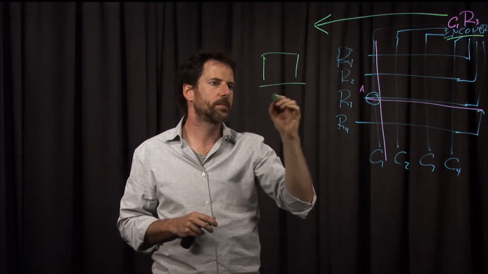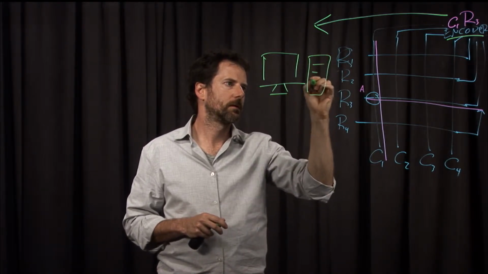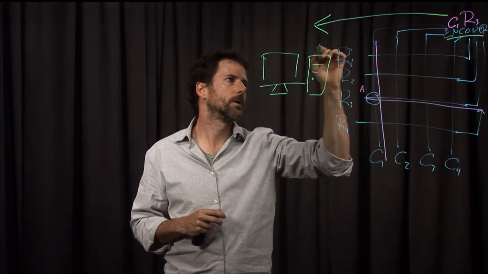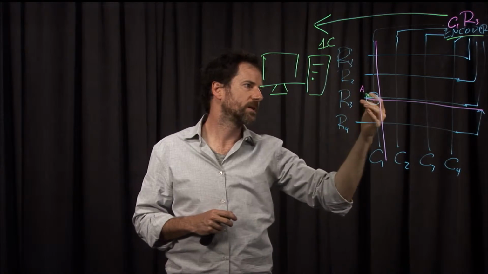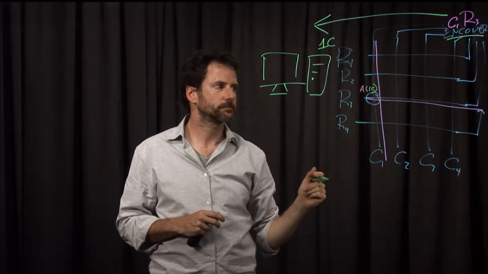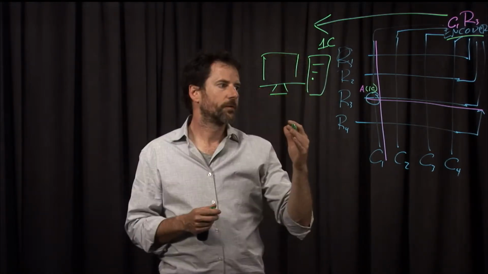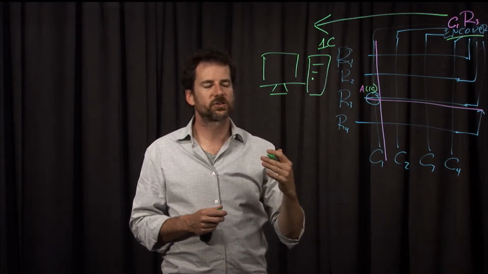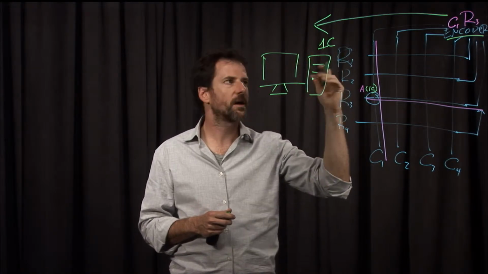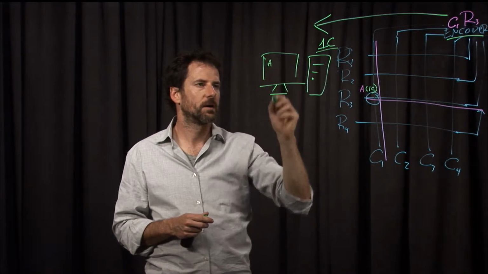So if I've got my computer right here, it's going to hear from the keyboard 1C, which might be the key code for A. From there, that might be interpreted by the computer to understand that on a US layout keyboard, that's what 1C means, and then that's what we'll see on the screen.